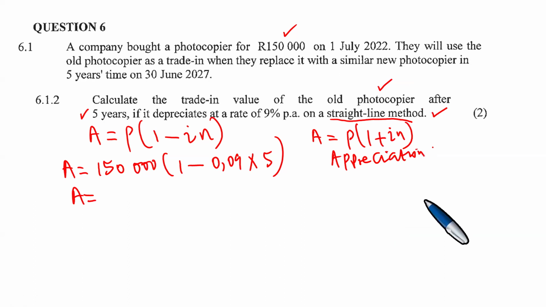If you use a calculator, you'll get exactly 82,500. So this would be the trade-in value of the old photocopier after 5 years on a straight line method. The straight line method means it's 1 minus i n.